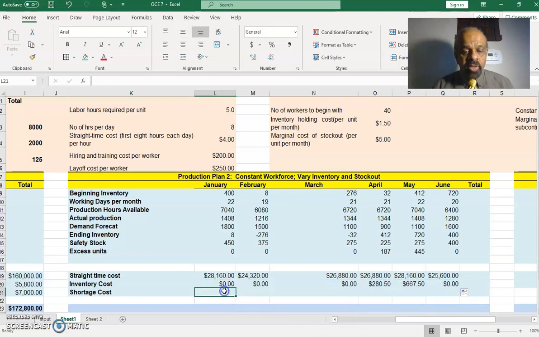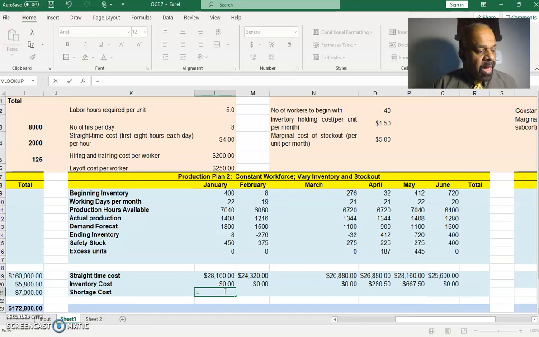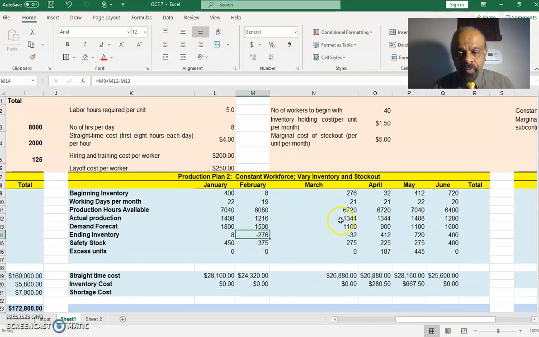My shortage cost, however, is going to be equal to, if my ending inventory is less than 0, that means if it is negative, I'm going to be using my shortage cost. Okay, so I have negative inventory in the month of February and March. Those are the only 2 months. So I need to calculate for those months.